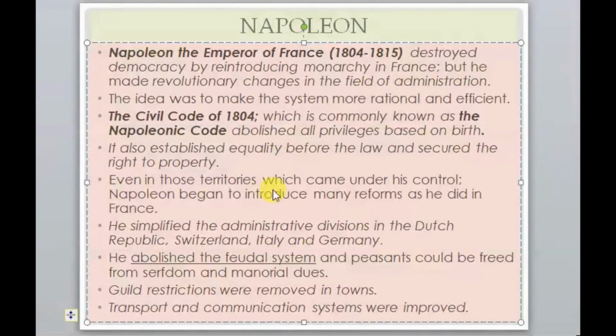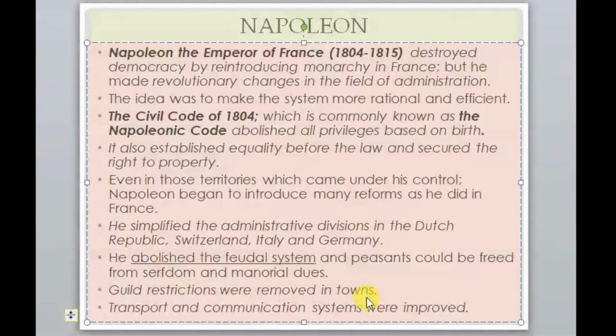He introduced this civil code in those territories which came under his control. He simplified the administrative divisions in the Dutch Republic, Switzerland, Italy, and Germany. He abolished the feudal system and peasants were freed from serfdom and manorial dues. Serfdom means slavery.